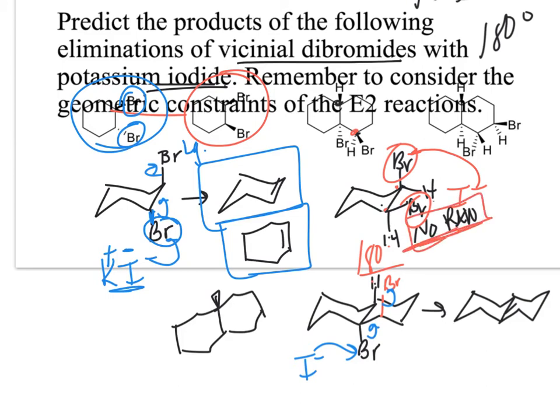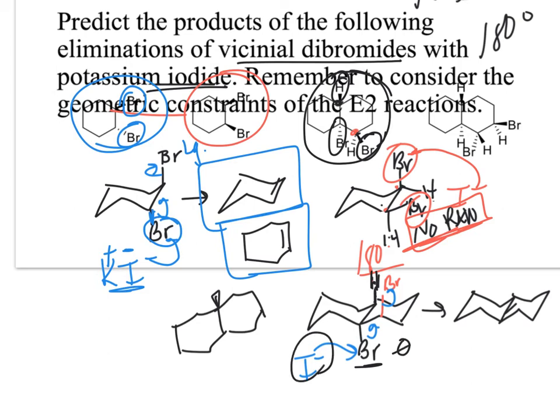It cannot happen. When you draw the chair conformation of this compound here, you see that the hydrogen's going up, just like this. So here's your hydrogen going up. You got the bromine going down, and then you have this other bromine that's going up. So this one goes down, that one goes up. That's in the 180-degree dihedral angle, anti-periplanar.